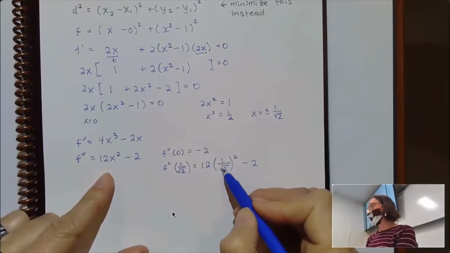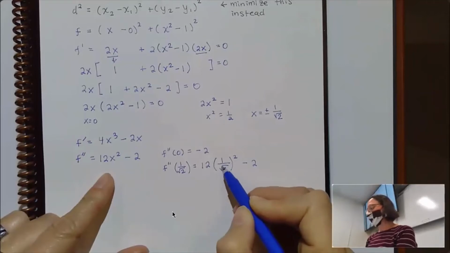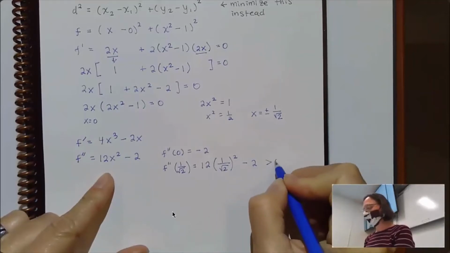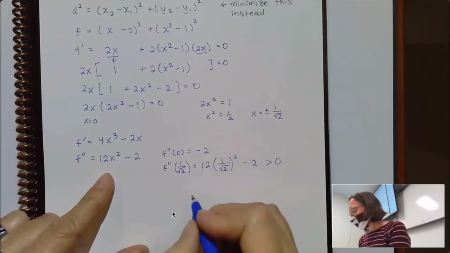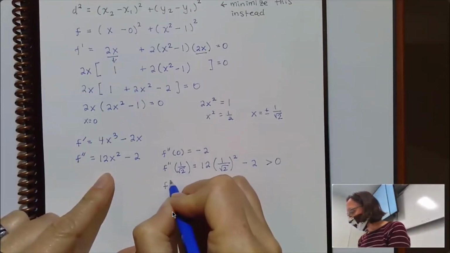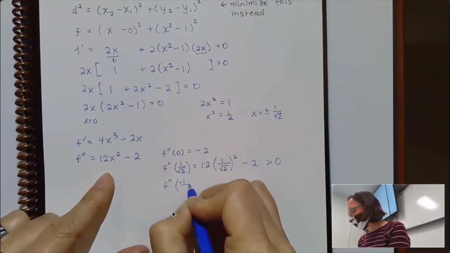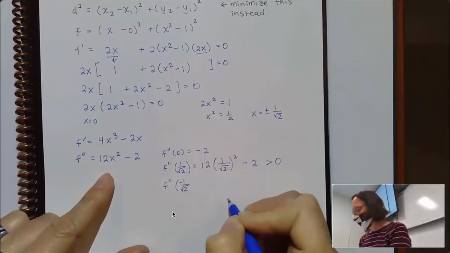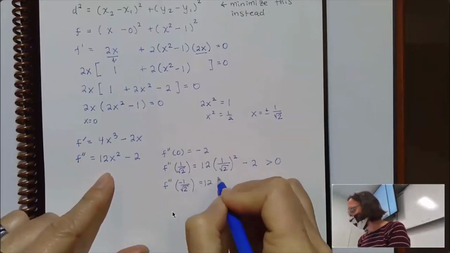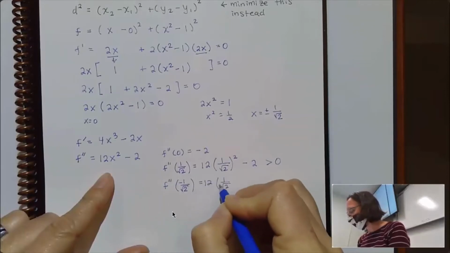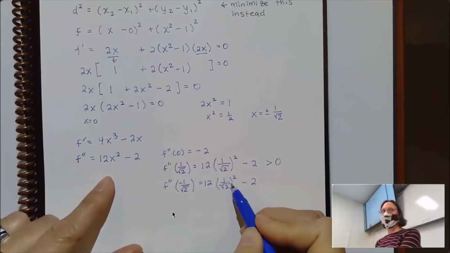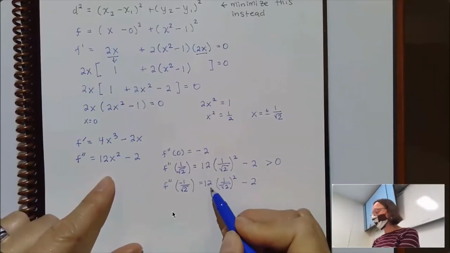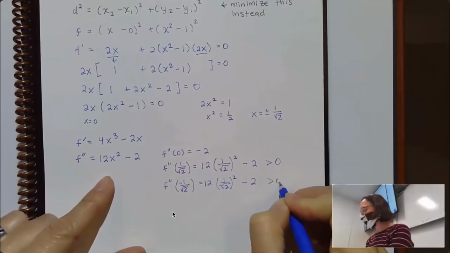Well, when I square that, it's 1/2. 12 times 1/2 is 6. 6 minus 2, definitely greater than 0. And if I do this with a -1 over the square root of 2, I have basically the same result because when I square that negative, I also end up with a 1/2. And then times 12 is 6, and 6 minus 2, that's greater than 0.